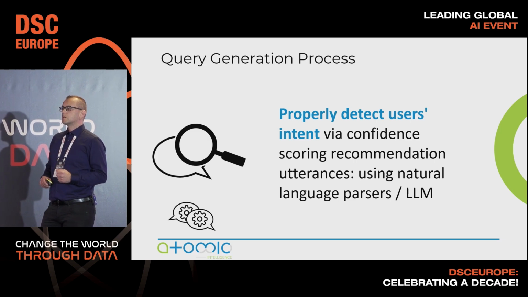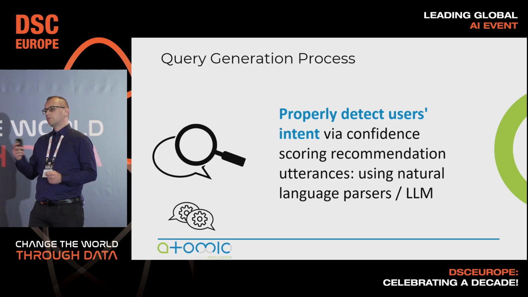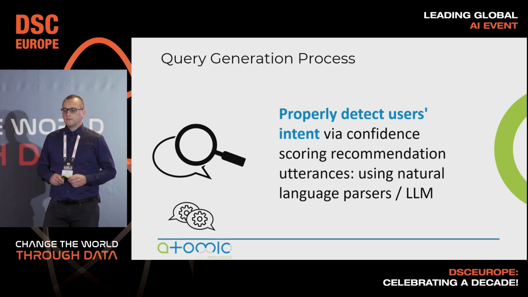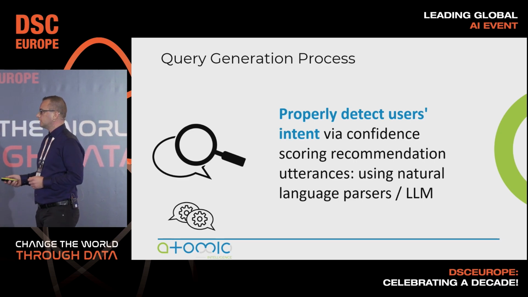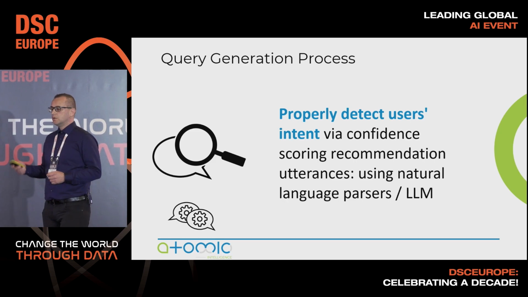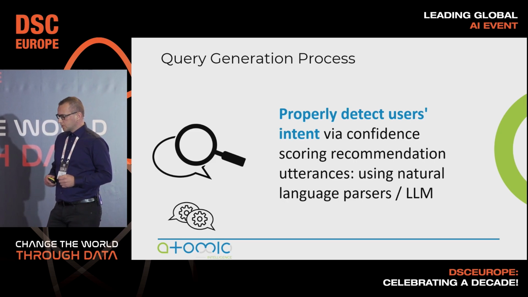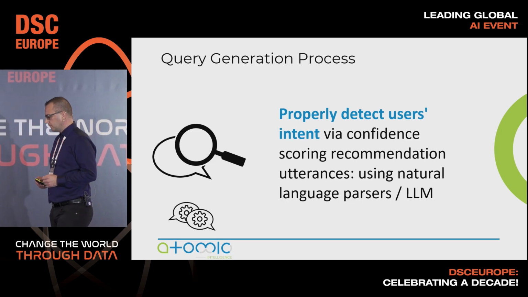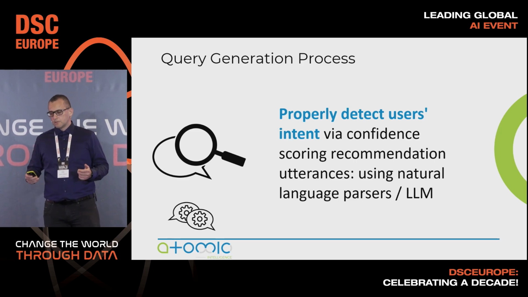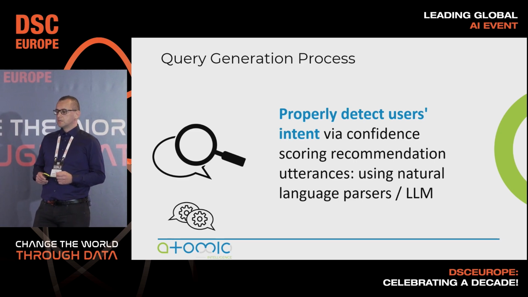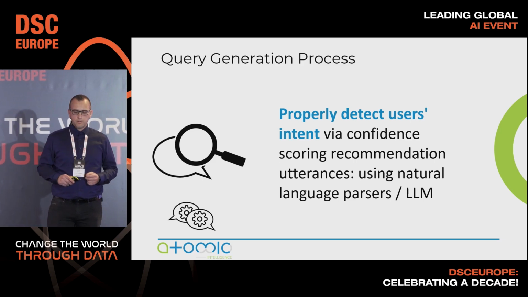Only if the confidence score, after you calculate it, is over 50% can you probably work with it. If not, you need to go to the second step, which is relying on an LLM, or trying to detect it via similarity, or relying on an LLM to decide as a fallback mechanism.